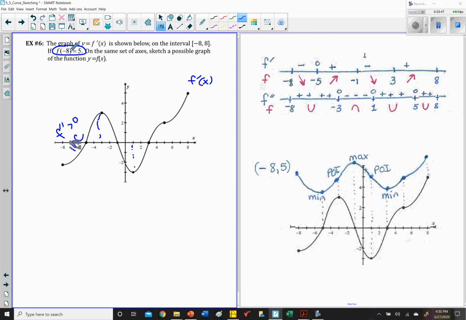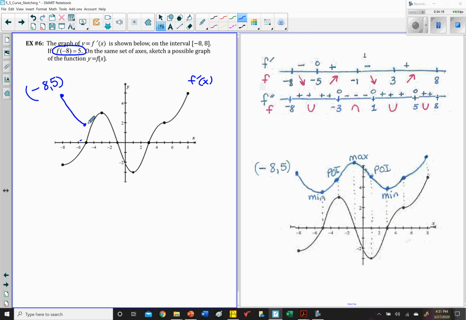They had to start at (-8, 5). So I could do anything after that. Let's see. Had to start here, (-8, 5). As long as it started there, and we had a minimum here somewhere, I could make that minimum way down here if I wanted to.